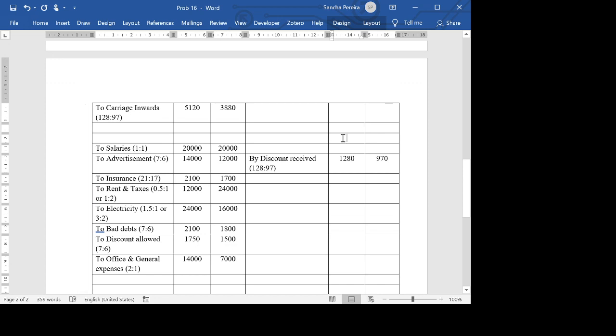So this total comes to 4,74,000, and this side we have 4,15,000.